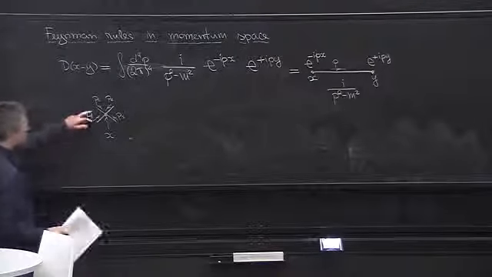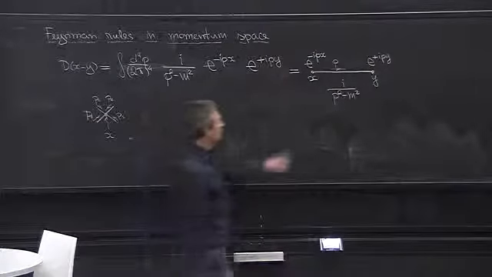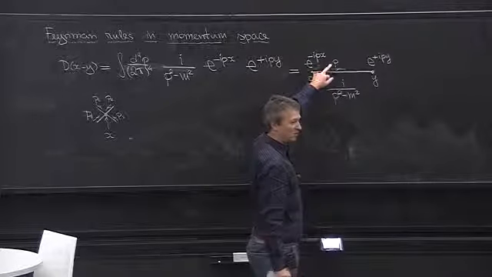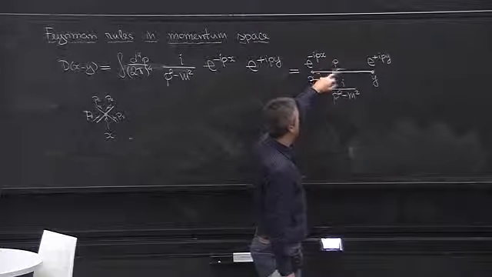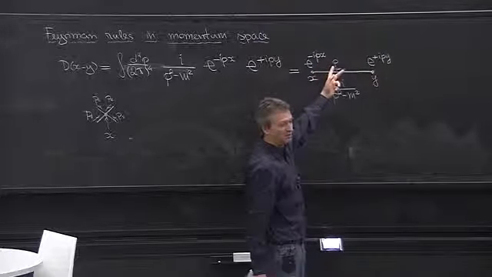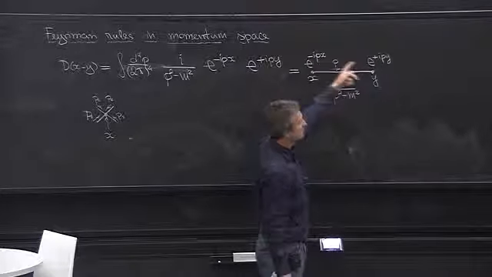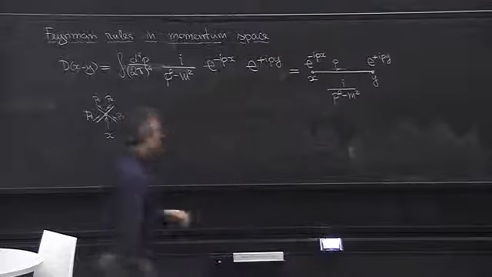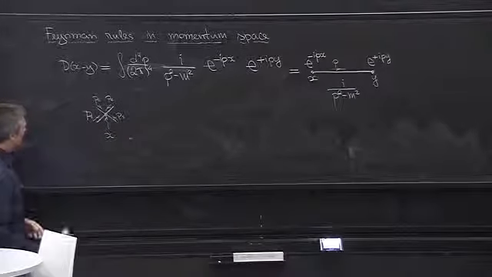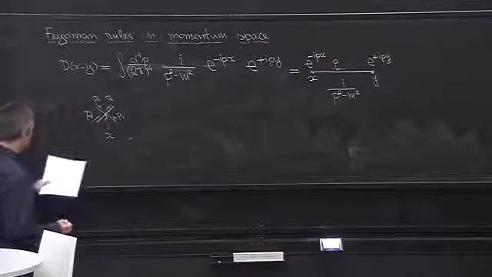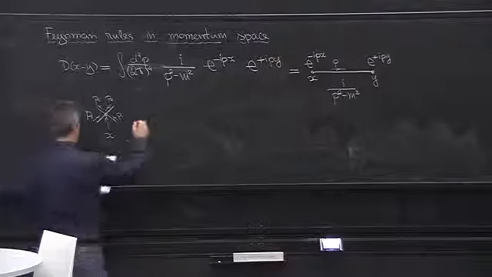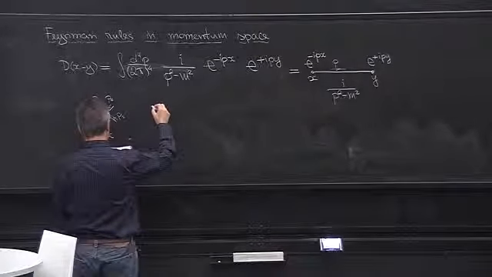Well, that's not a restriction really, because we can redefine the direction of this momentum. So if we flip the arrow, this means that we just flip the signs here and there. So we can always assume that these momenta are all incoming.